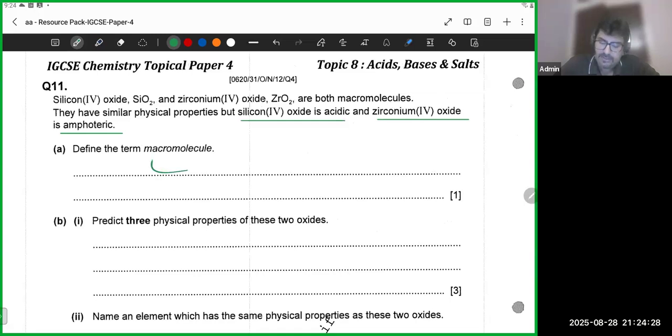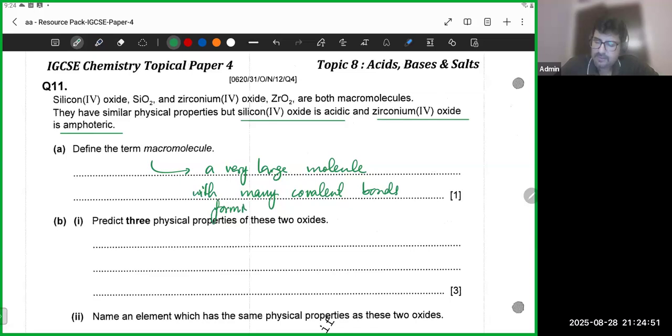What's a macromolecule? It's a very large molecule with many covalent bonds forming a giant covalent structure.